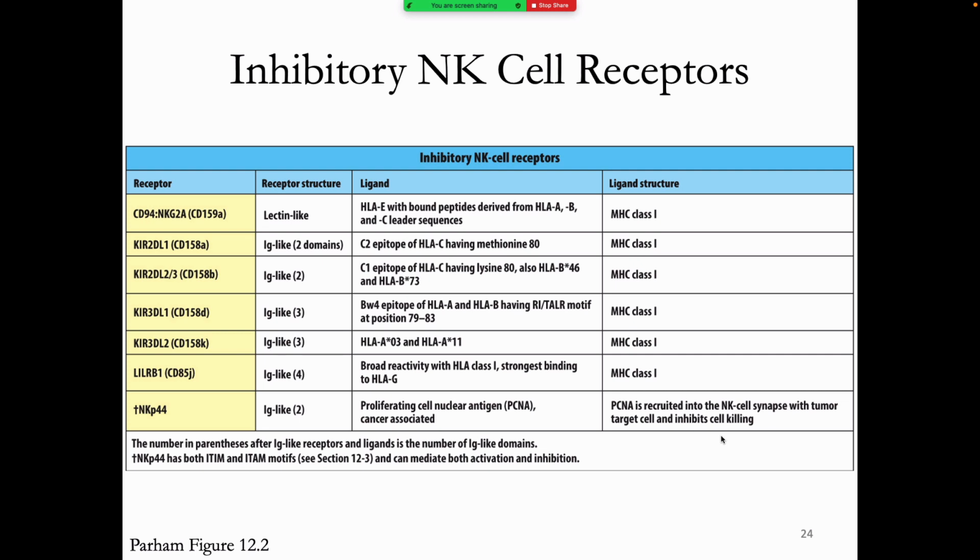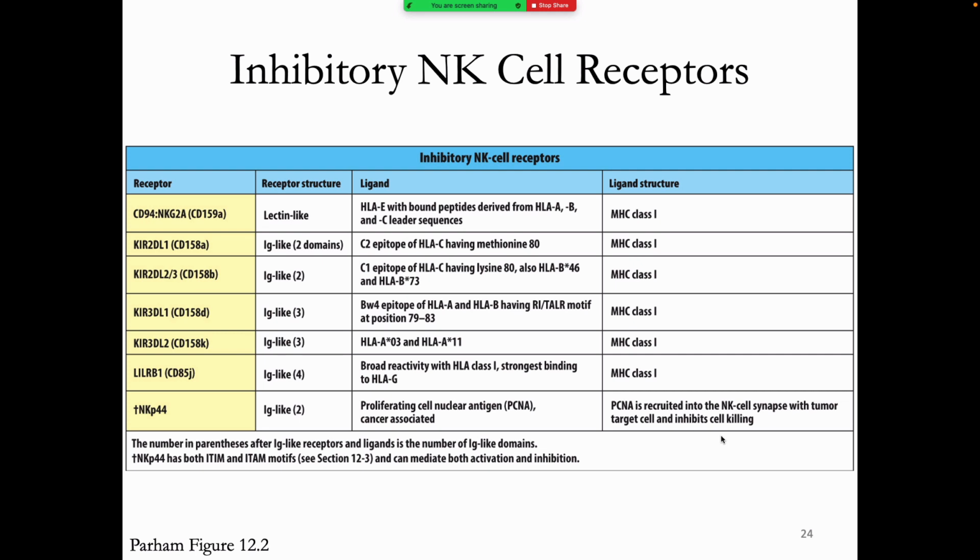So the idea is, if a cell has MHC class 1 on the surface, that turns any NK cell that comes by off. It says, I'm okay, you don't need to kill me. And so the NK cell is turned off. We inhibit that NK cell because we have proper MHC class 1.